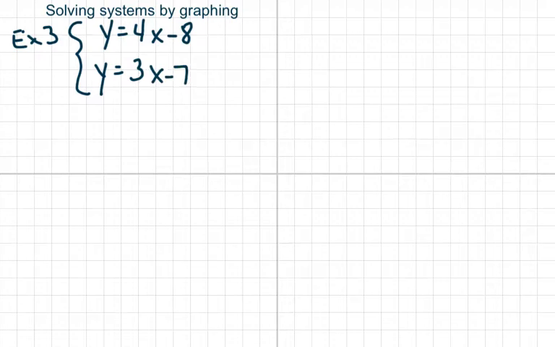So to start this one, we are going to graph the y-intercept here first, so that's negative 8. And my slope is rise over run, so I'm going to rise 4, run 1, rise 4, run 1, and I continue that pattern throughout the grid.